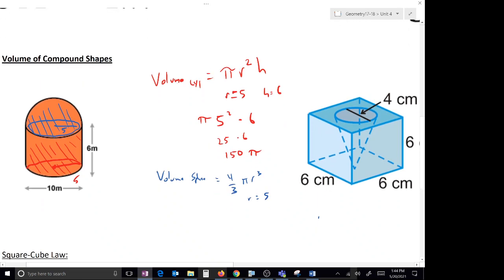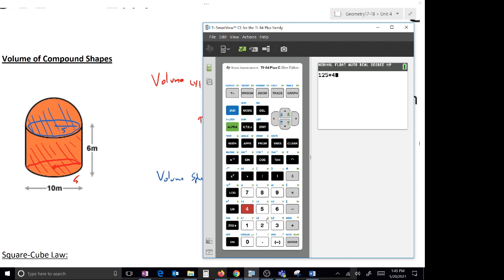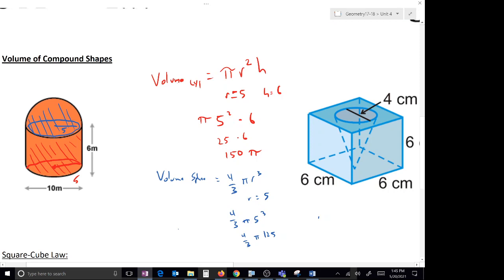So we do 4/3 pi 5 cubed, so that would be 4/3 pi times 125. 125 times 4, 500 divided by 3 gives us 166.6 repeating.